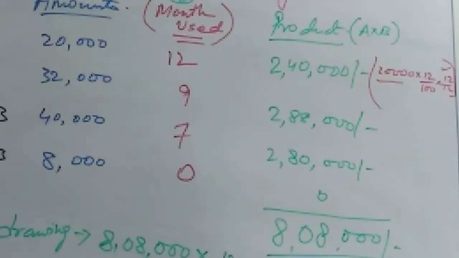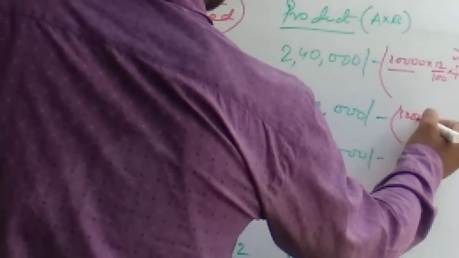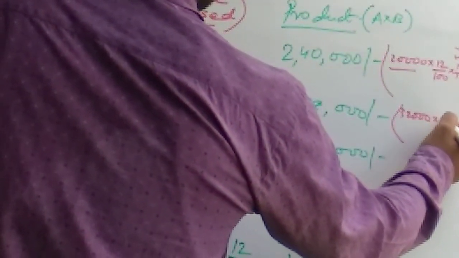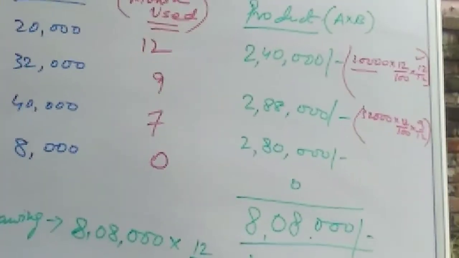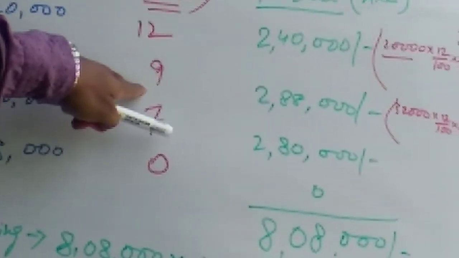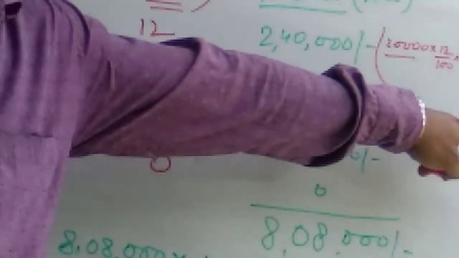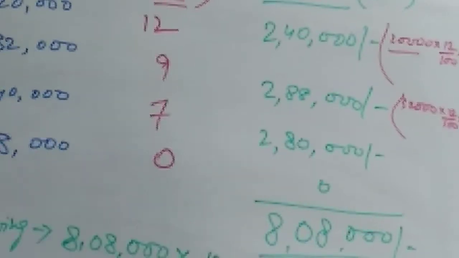So we have done this calculation already here. Separately, if we do this also, that is 32,000 into 12% by 9 by 12, this also we have done here itself. See, 32 into 9, 32 into 9. So we have done this procedure and got the result 8 lakhs 8,000.